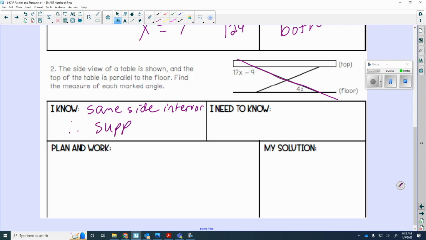Because they're the same side, anything same side is supplementary. Okay? It wants to know each angle, so I need to know x and the angle. Now what? What's the equation? 17x minus 9 plus 4x equals 180.